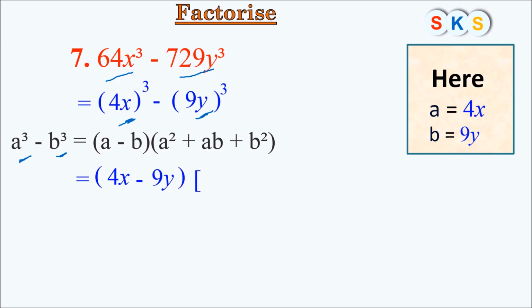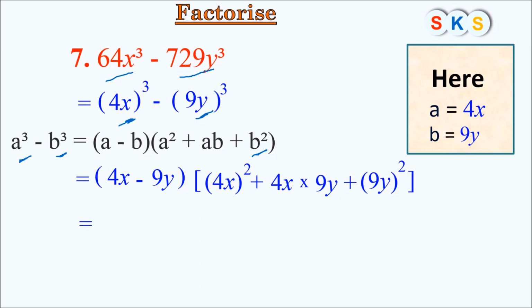At the place of a we will write 4x, so we get 4x the whole square, plus a into b, which is 4x into 9y, plus the last term b square, and at the place of b we will write 9y, so we get 9y the whole square. Close the bracket. Now we will simplify further.